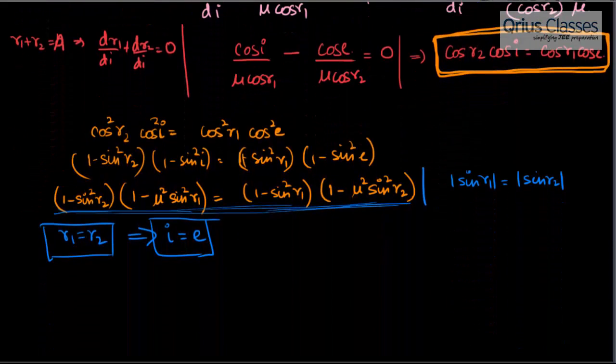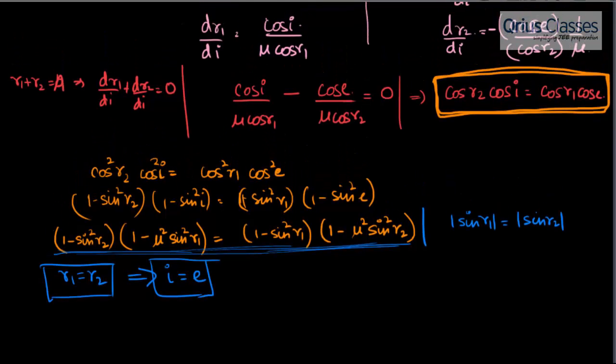And also if that is the case, we can find the value of that. If r1 is equal to r2, let us say this is equal to r, and I is equal to E. So delta is 2I minus A, which implies that angle of incidence will be delta minimum plus A by 2.